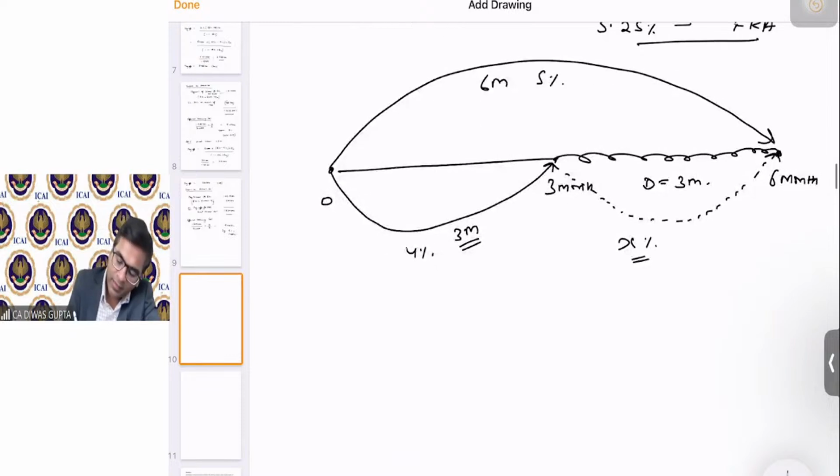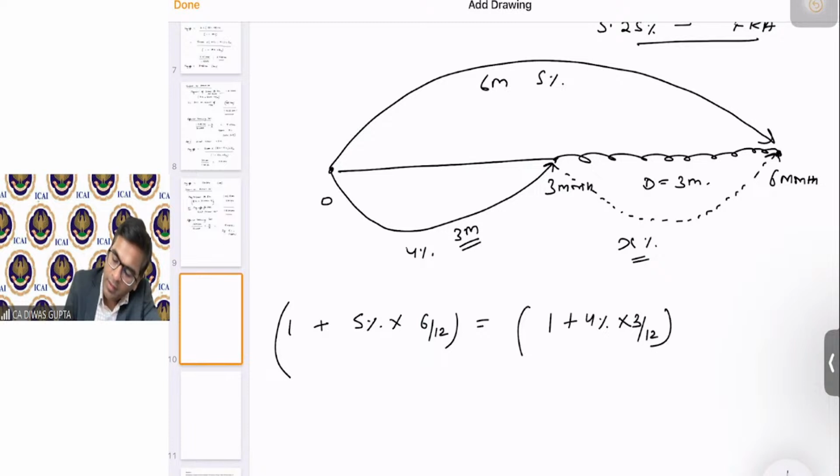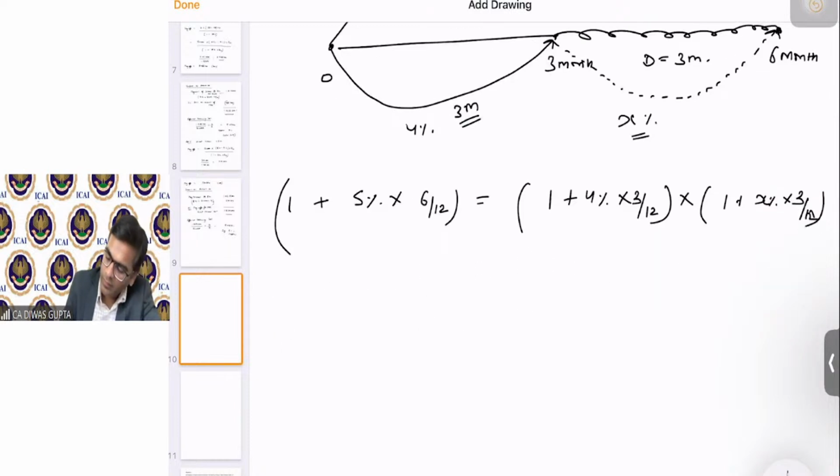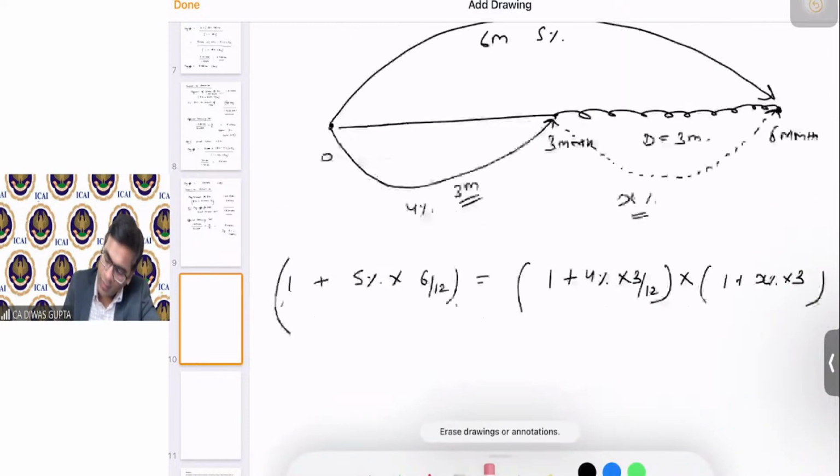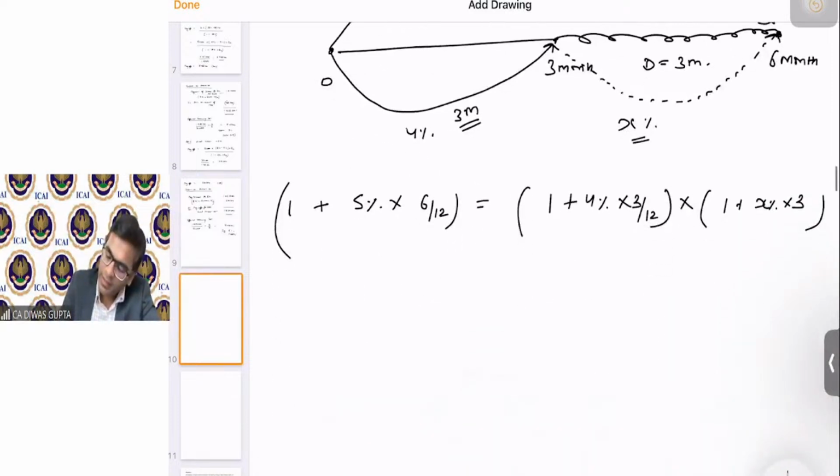We can simply say that 1 plus 5% for 6 months will be equal to 1 plus 4% for 3 months multiplied by 1 plus X% for next 3 months. I hope this equation is clear, students. In this, we are equating the 6 months interest to the first 3 months multiplied by the next 3 months.